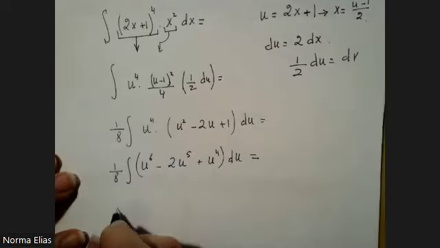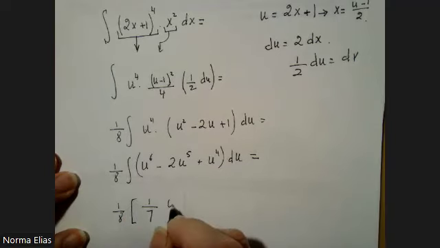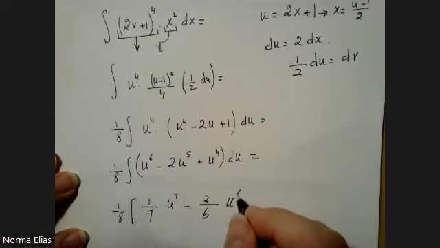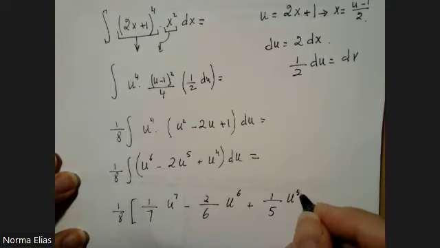And then this gives me 1 over 8 times (1 over 7 u to the 7, minus 2 over 6 u to the 6, plus 1 over 5 u to the 5), plus C.